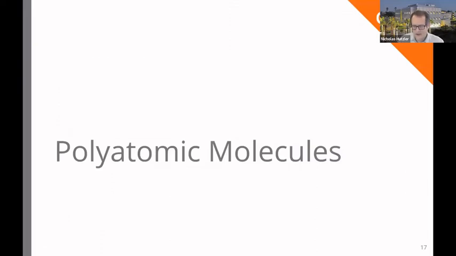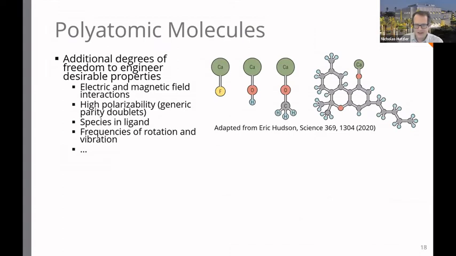So another avenue of research is using polyatomic molecules. The general motivation is that if you allow yourself flexibility in what you stick on some metal, you can engineer interesting properties with these ligands. For example, you can control the magnetic and electric field interactions. You can engineer very highly polarizable systems.